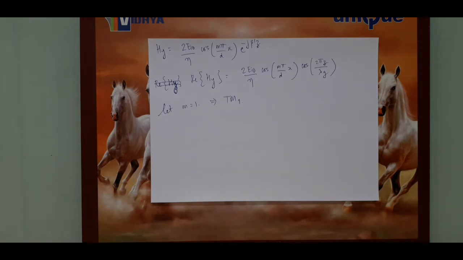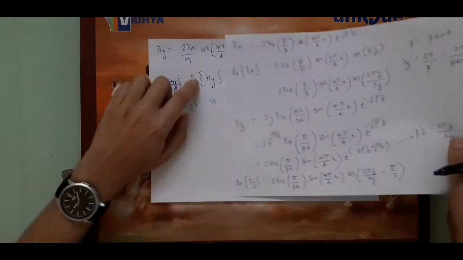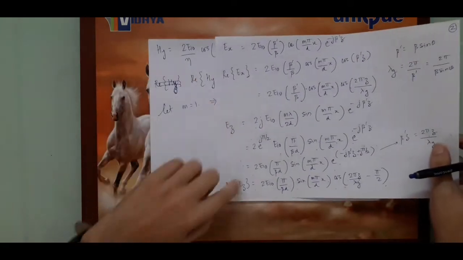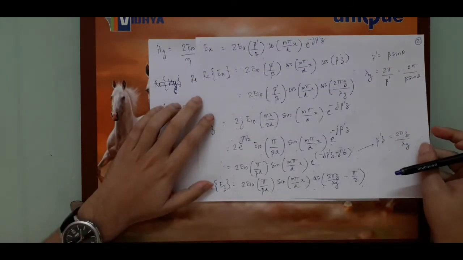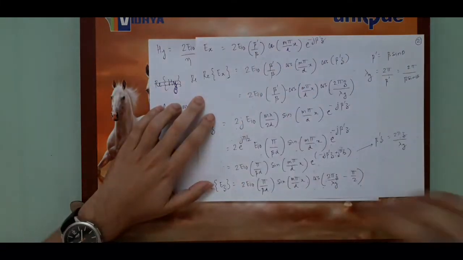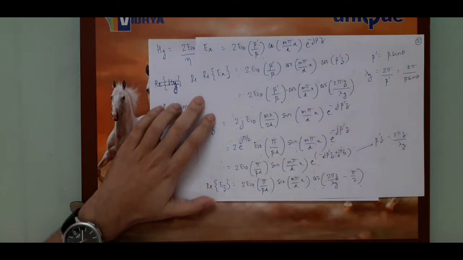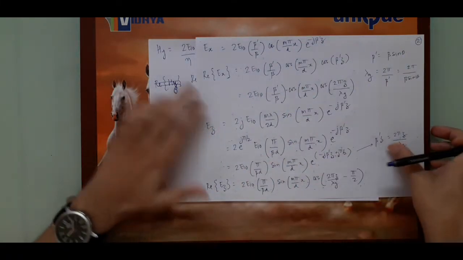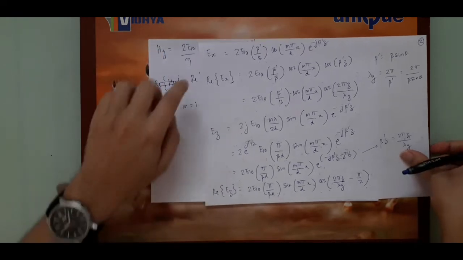Now, one thing to note that is common in all three expressions, Hy, Ex and Ez, is that all of these are functions of x and z only. There is no function of y. Yes, Hy exists along y, but it's a function of x and z.